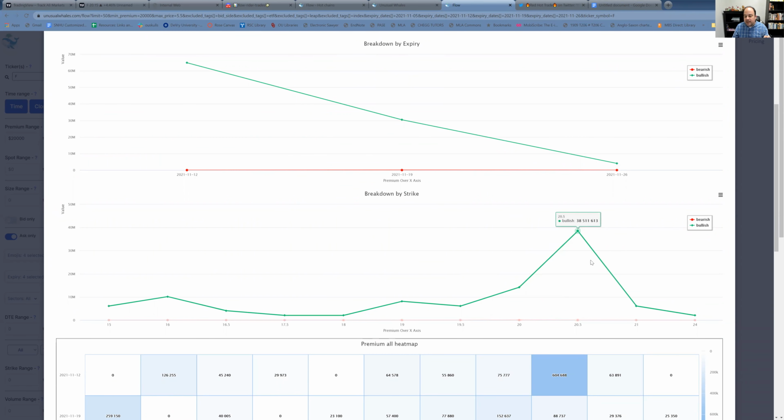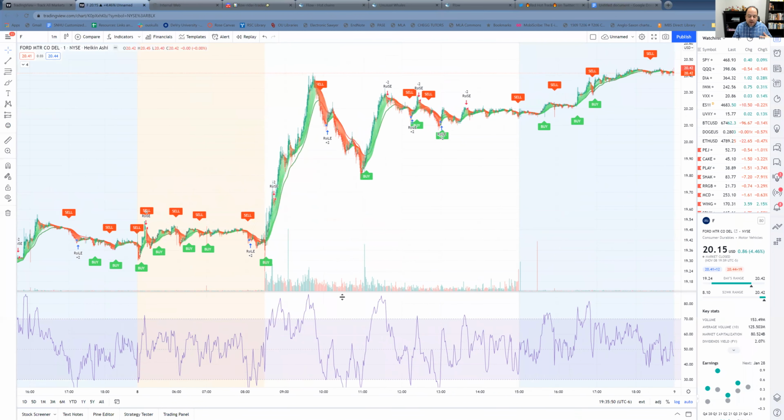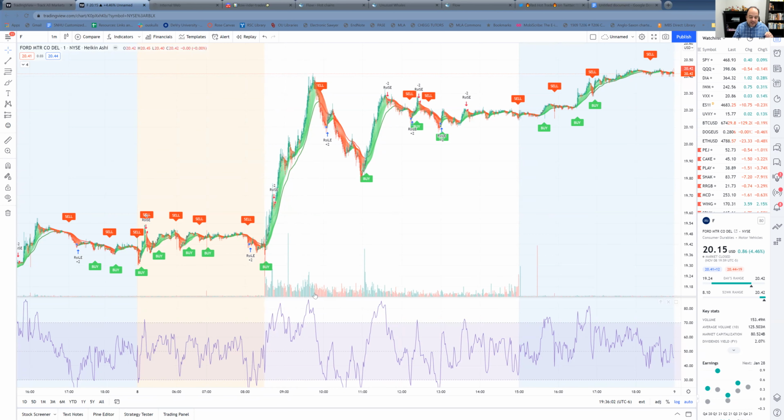Now, if I were doing this fire fishing intraday, something that I might want to do is make sure that I'm not buying it when it's too hot. By hot in this context, I'm referring to the relative strength index.